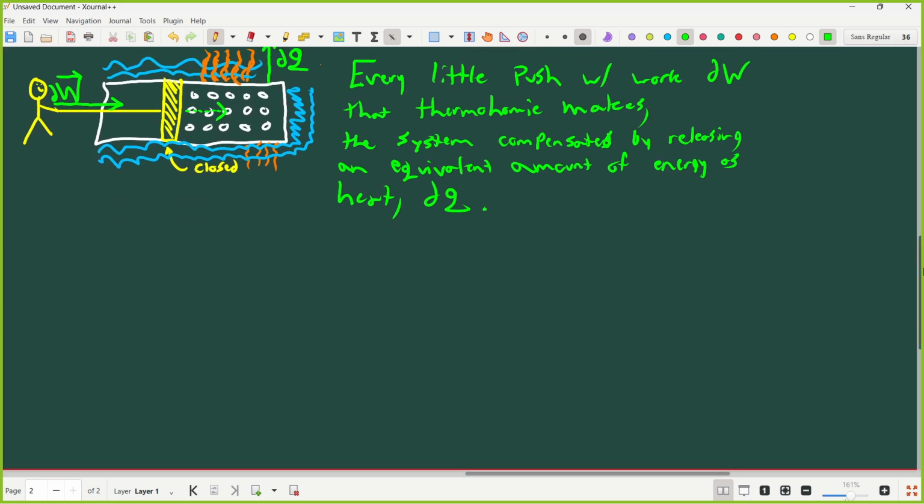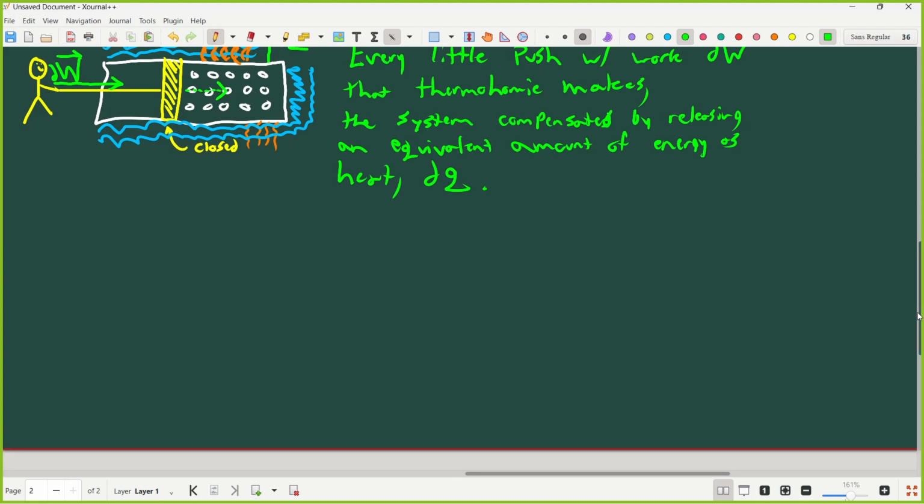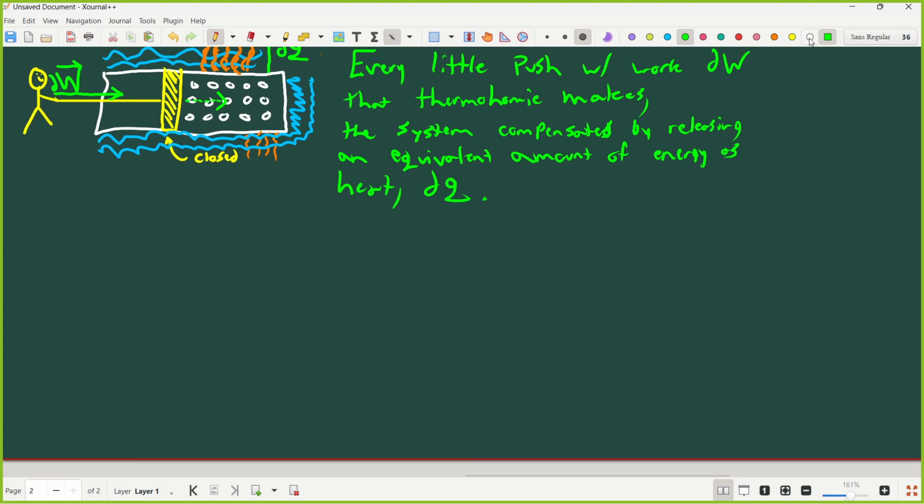And I think the best way to look at this approach, to think about the differences in compressing something aggressively versus reversibly, is to think about it graphically. So the important thing that we're going to look at, let's go back to our equation. We had that TdS is equal to PdV.